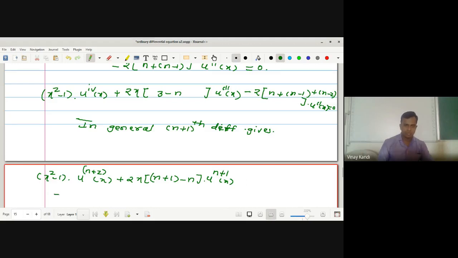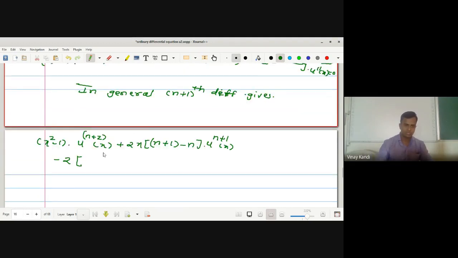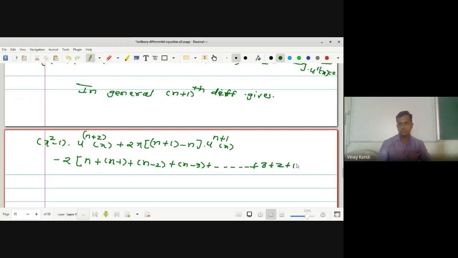Now look at here, minus 2 into, when the third derivative was taken, 3 terms came, n, n minus 1, n minus 2, okay, so after taking n plus 1, n plus n minus 1 plus n minus 2 plus n minus 3 and so on up to 3, 2, 1 into u double dash of x is equal to 0, okay.